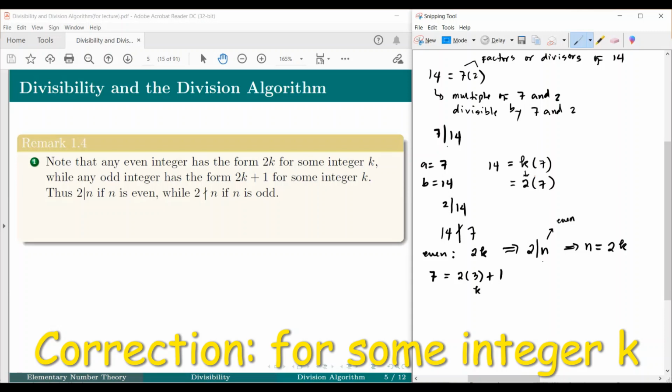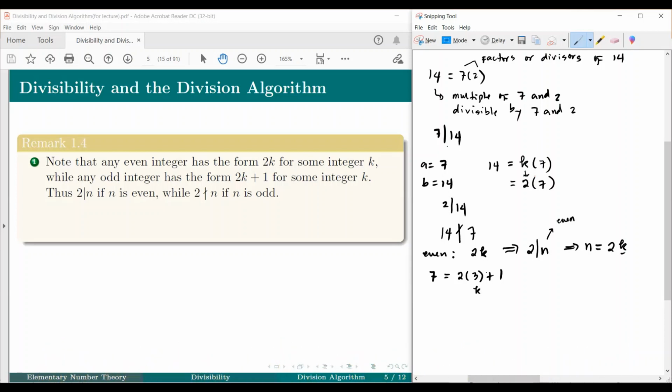So when we say 2 divides n, from the definition, we can write n equals 2 times any integer, so for even. That's why for any even integer, we have 2 divides n, where n is even. And then for odd integer, we can say here, 2 does not divide n, where n here is odd, because we cannot write that in this form.